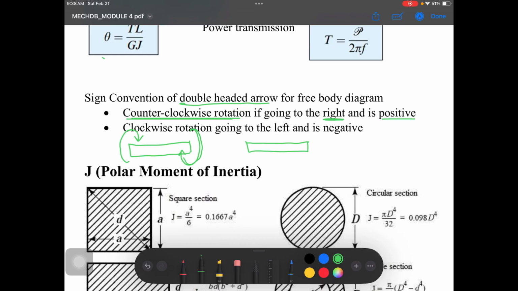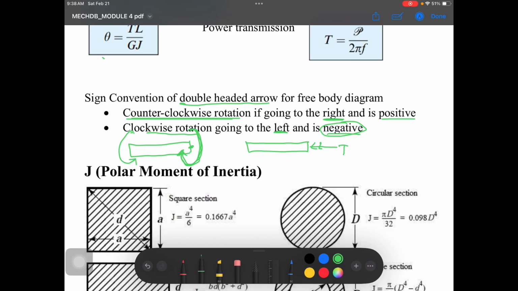Kunwari, ito, this is clockwise. So, for clockwise rotation, going to the left, and it is negative. So, at this point, may clockwise tayo. So, ang double-headed arrow ko is going to the left, and this will be negative. Kapag sa equations, negative ang sign niya. So, kunwari dito sa point na una, say this is, kunwari, counterclockwise natin siya. Counterclockwise.